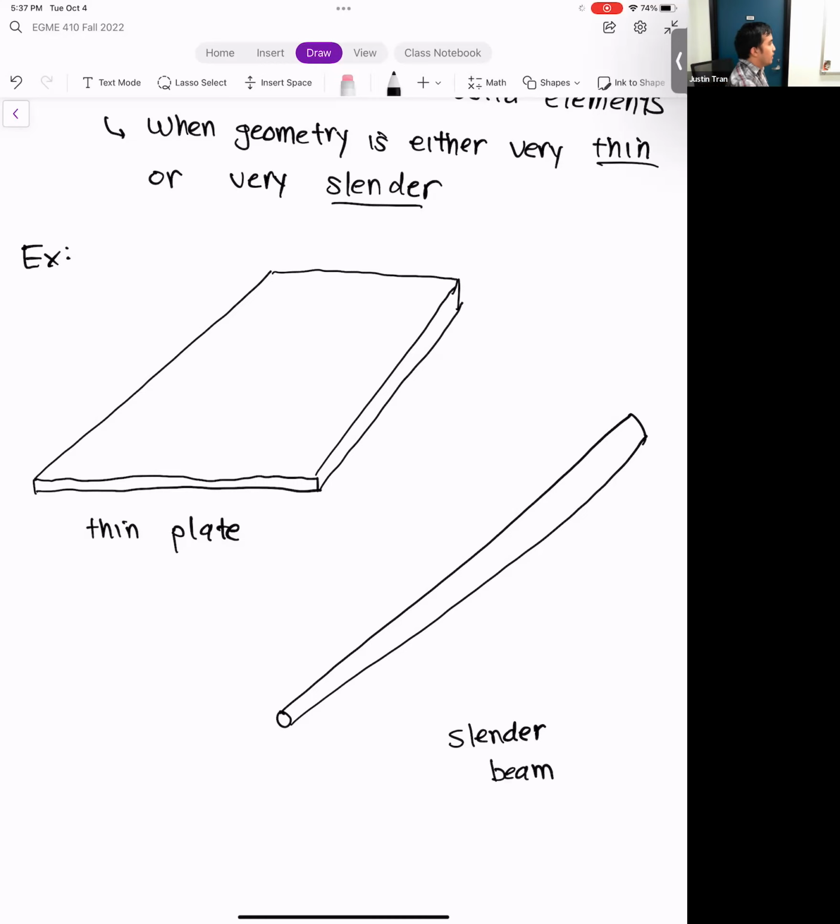Thin and slender are the conversational terms we use to describe these, but we can do a bit better. When I say something's thin, that means that one dimension of the geometry is much smaller than the other two.